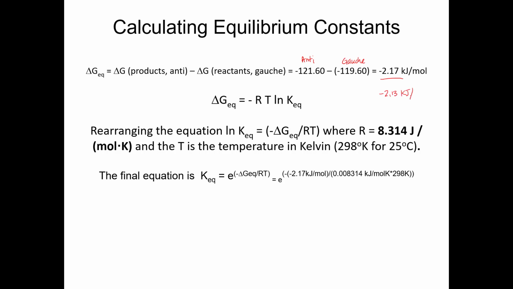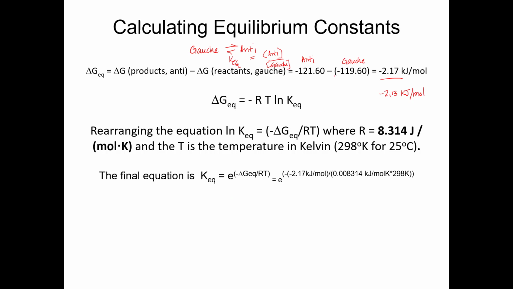I think the last time I did this calculation, I got minus 2.17. Close enough. Now, my equilibrium is gauche in equilibrium with anti. So that means the KEQ is going to be the concentration of anti, or the amount of anti over the amount of gauche, right? Products over reactants.